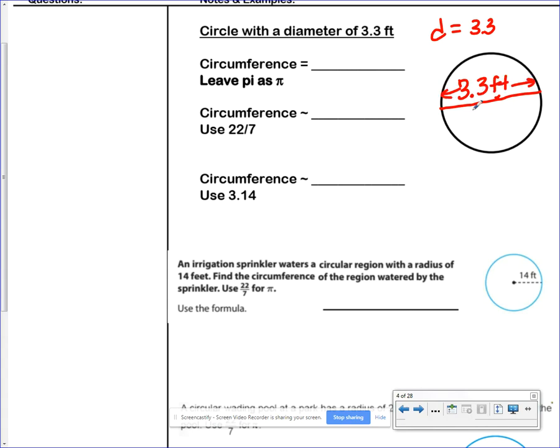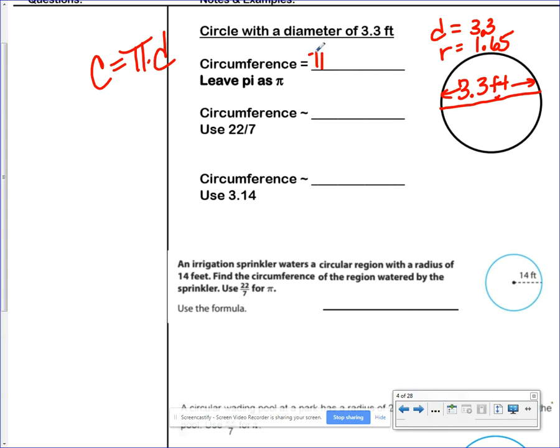If I asked you to find the radius, you could find the radius by taking half of 3.3, or in other words, dividing by 2. The radius is 1.65. However, when I am calculating circumference, I need the diameter because circumference says take pi times diameter.